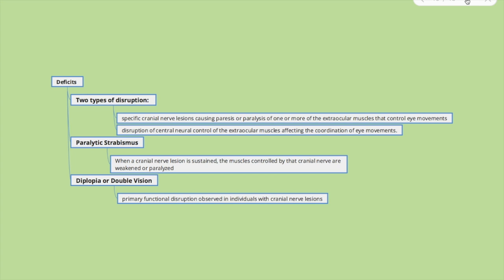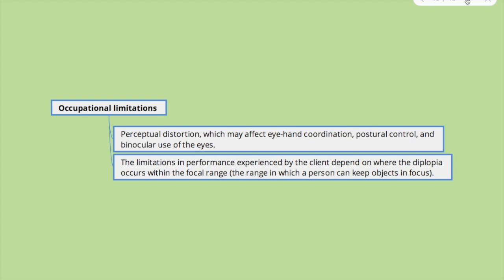It's predominantly seen in paralytic strabismus and diplopia, or double vision. Occupational limitations include perceptual disorientation or distortion, which may affect eye-hand coordination, postural control, and binocular use of the eyes.